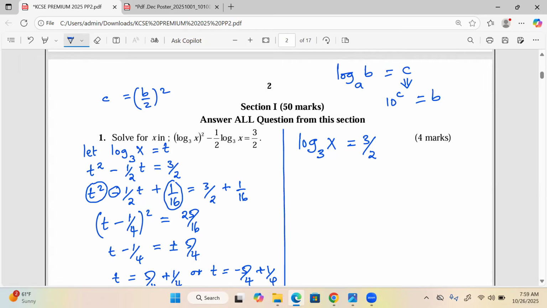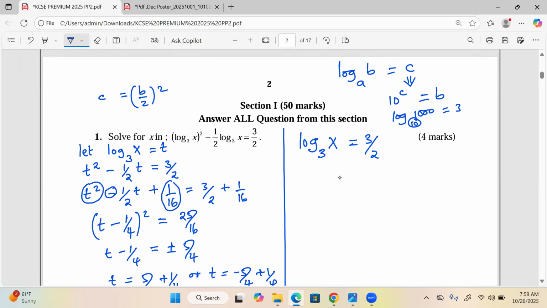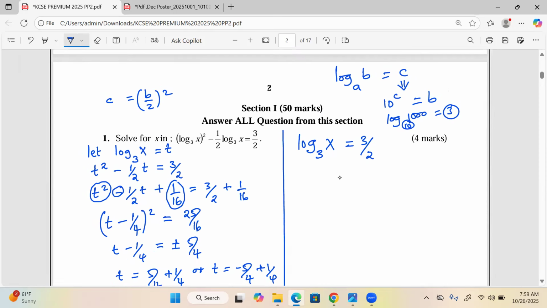That's why when we say the log of 1,000 to base 10 equals 3, it means 10 power 3 equals 1,000. Therefore, a power c should give us b.